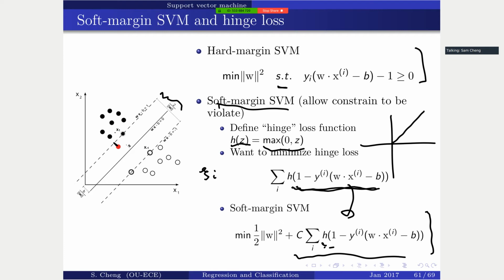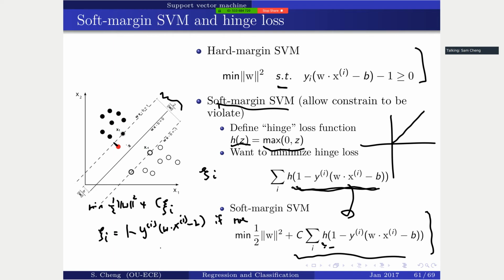Then I will change this into minimizing 1/2 w squared plus the sum of ci here. But of course, I need to define what ci is. ci should be equal to basically 1 minus yi (w dot xi minus b), if this thing is positive.